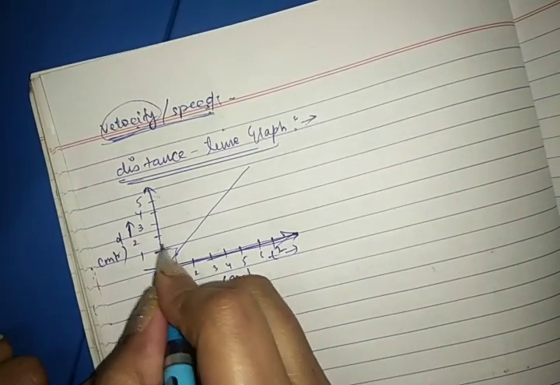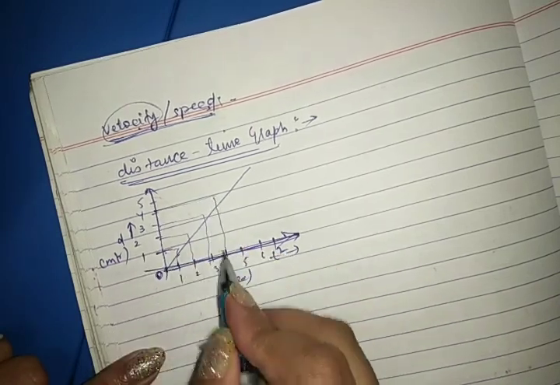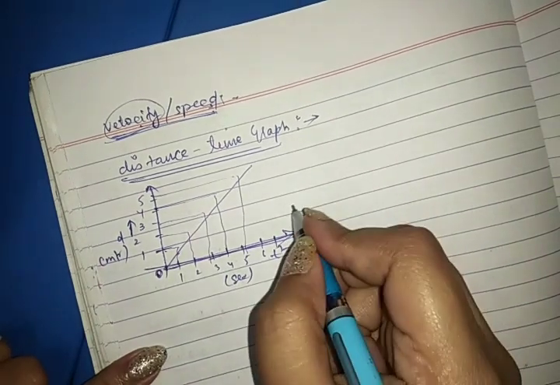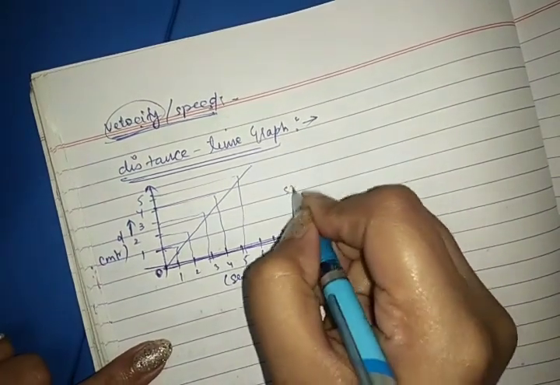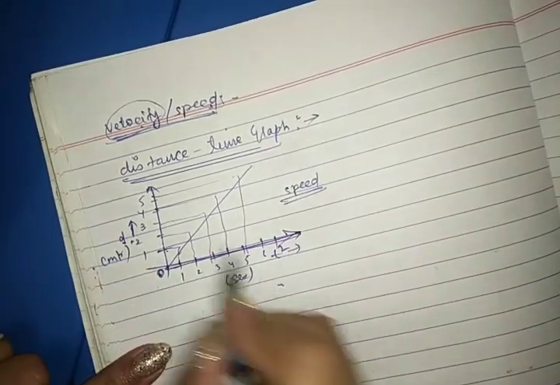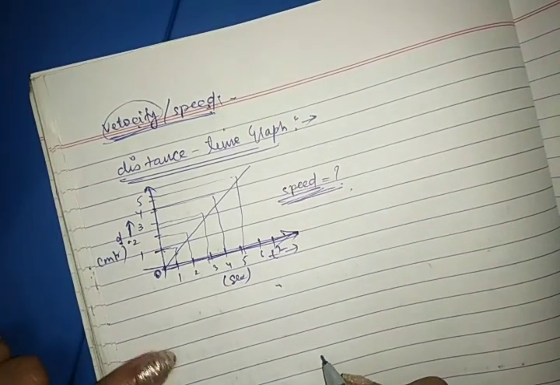At 1 this is 1, this is 2, this is 2, 3 3, 4 4, 5 and 5. Our graph is like this. Now you have to determine the speed by using this graph. This is a distance time graph, but from this graph you have to determine the speed. Then how can you calculate the speed from here?